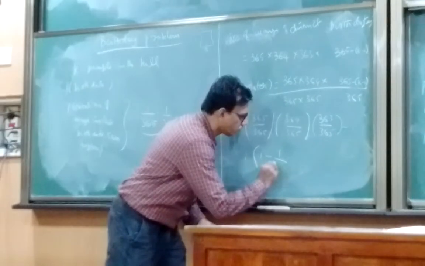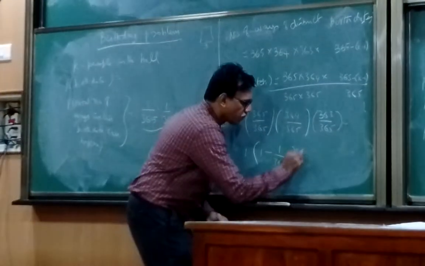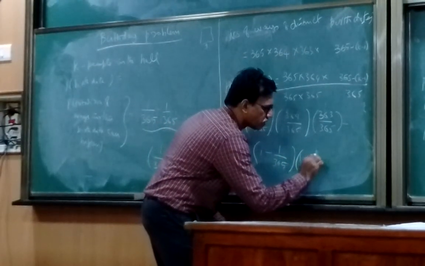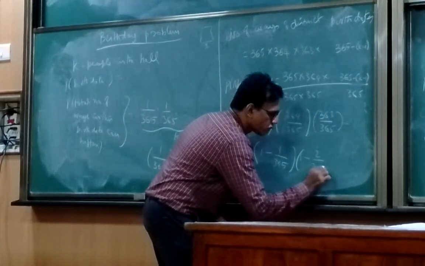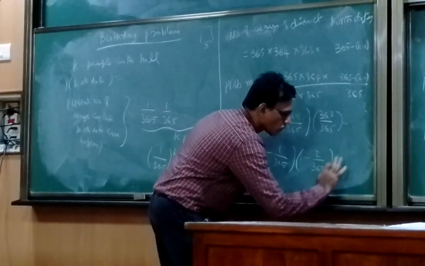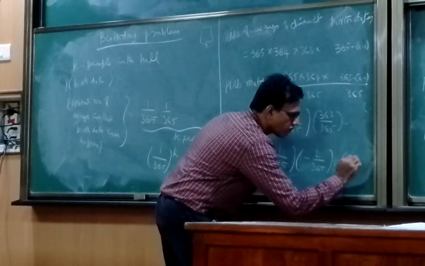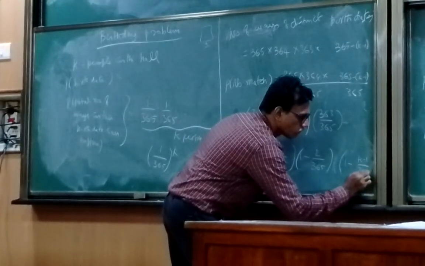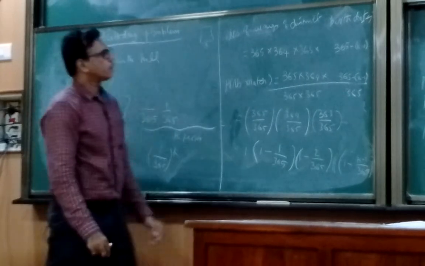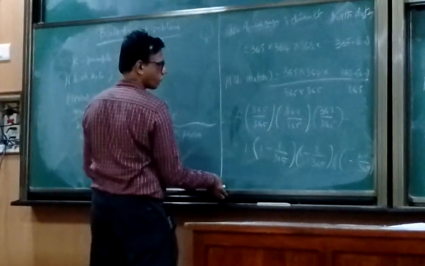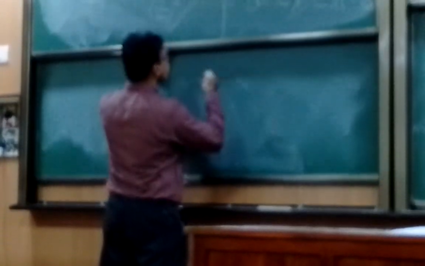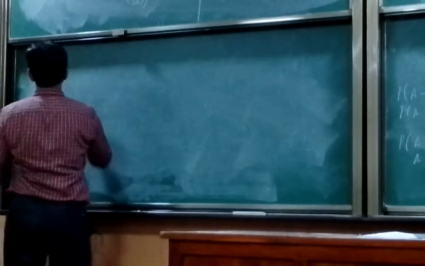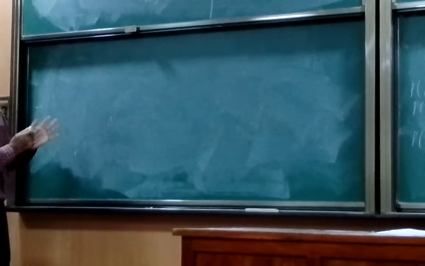So this is 1, this I will write as 1 minus 1 by 365, this is 1 minus 2 by 365, and so on. So we have to compute it.